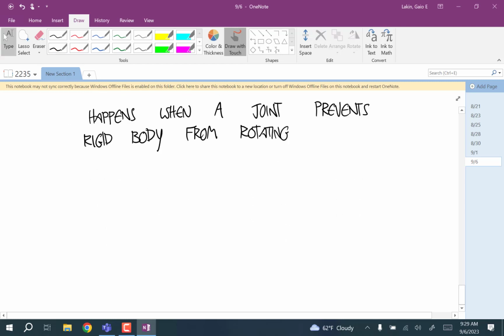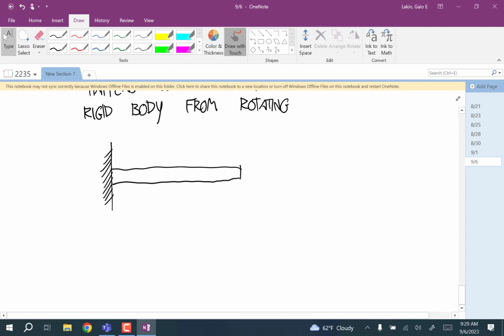Imagine this cantilever beam that's rigidly attached, welded or glued or whatever, to the wall. If you think about what the wall is applying to that body, let's say there's a force like this.